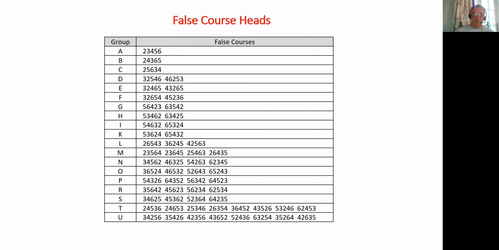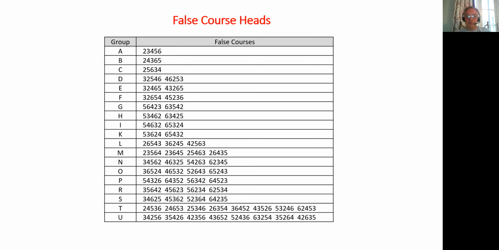They were 24365, which you'll see appeared on this table against the letter B. Cambridge also had courses 32546 and 46253, which were against the letter D. And it also had 32465 and 43265, which are letter E. So this particular grouping of false courses is very commonly used to just give you a quick annotation for what the false course heads are for any particular method. So we say Yorkshire has B falseness, and we say Cambridge has B, D, and E falseness.